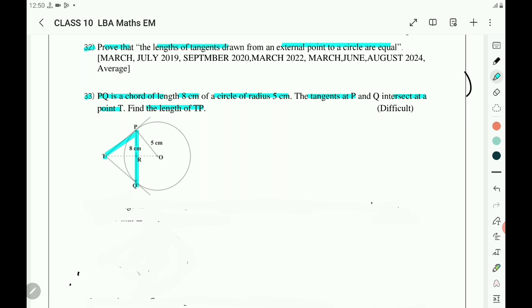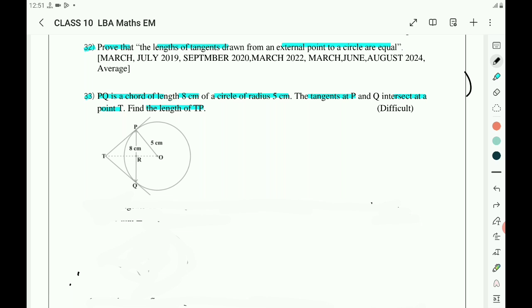PQ is a chord and TR must bisect PQ. Angle PTO is equal to angle QTO because it is the angle made by the line joining the center and the external point.